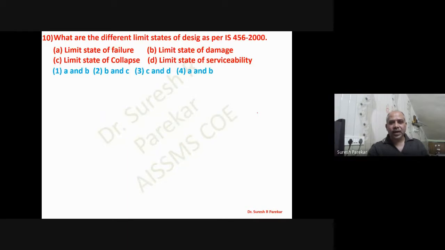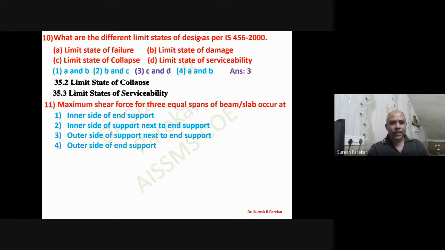So what are the different limit states of design? So we have actually over here design as per IS 456 2000. And here we have limit state of collapse 35.2 and 35.3, limit state of serviceability. So the option we have is C and D, that is option 3. Maximum shear force of 3 equal spans of beam slab occurs at.